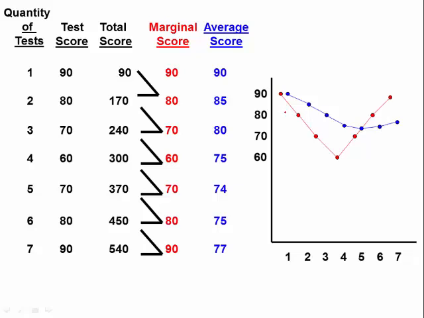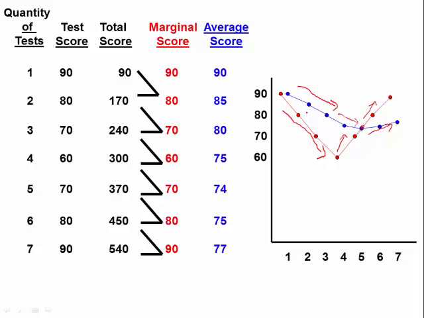What's important here is as marginal is going down, this is pulling the average down. But if marginal is going up and it's below the average, it still pulls the average down. Once marginal gets above the average, it starts pulling the average up.